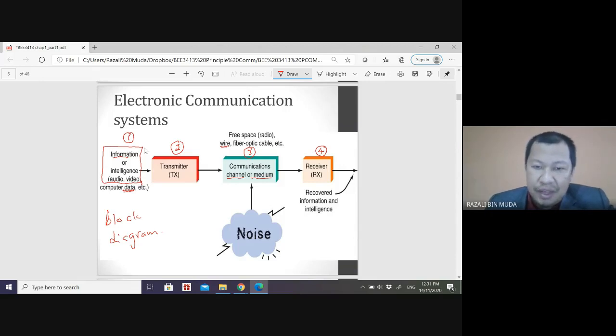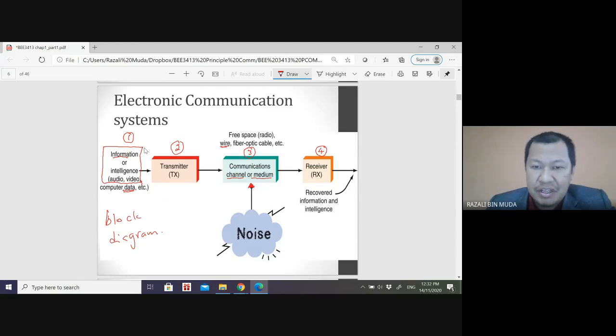Okay, so in the medium, in the channel or in the communication medium, normally we will face a problem. This problem is called noise. Sometimes it is called attenuation, or sometimes other names. Okay, so this noise will interfere with the information.